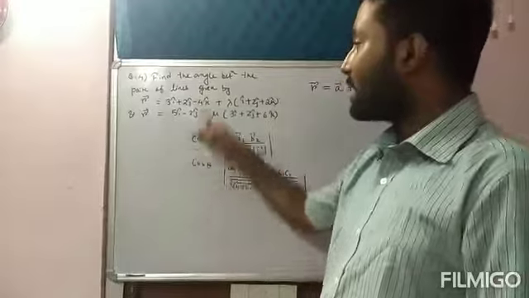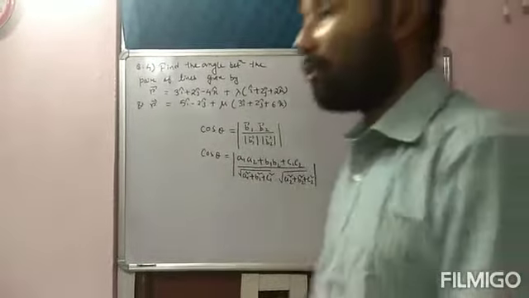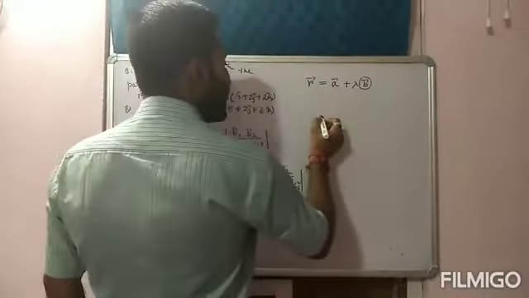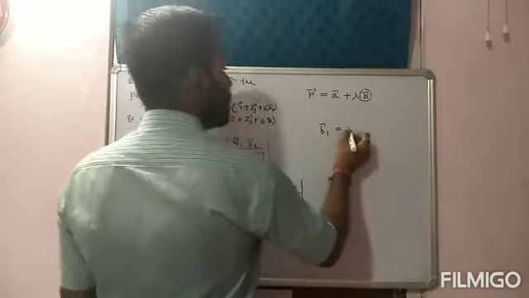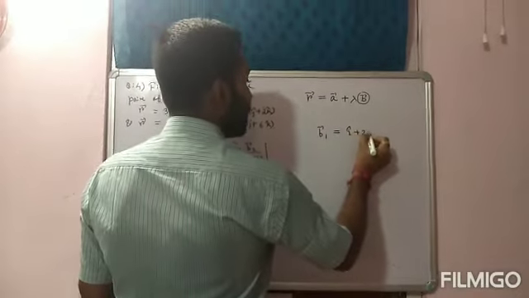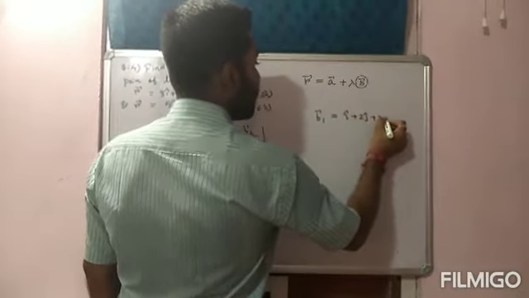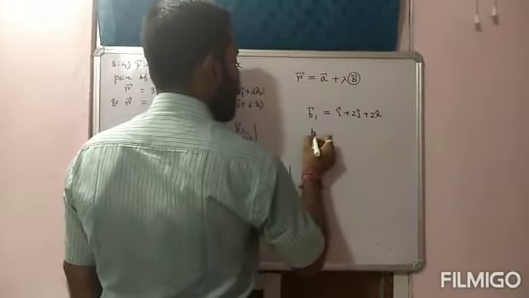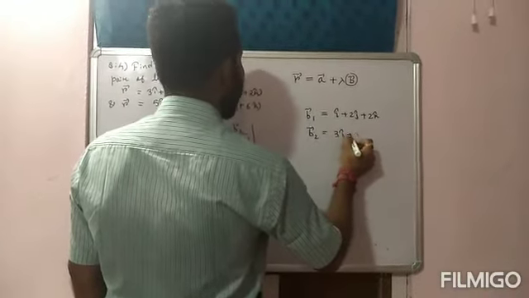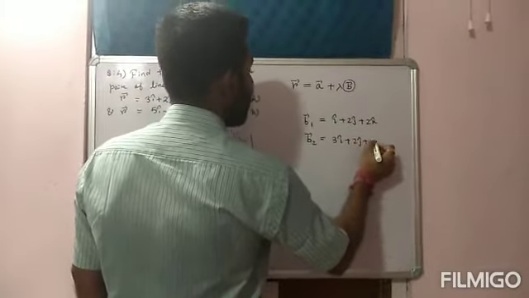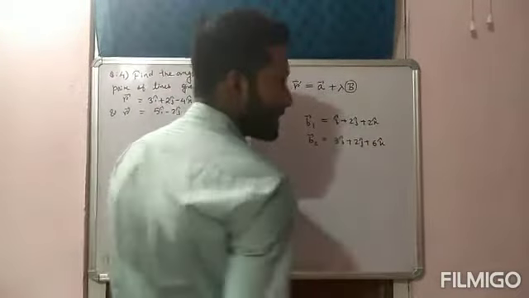So if we compare these two equations with the standard form, we can say that here b1 bar is equal to i cap plus 2j cap plus 2k cap, whereas b2 bar is equal to 3i cap plus 2j cap plus 6k cap, okay?